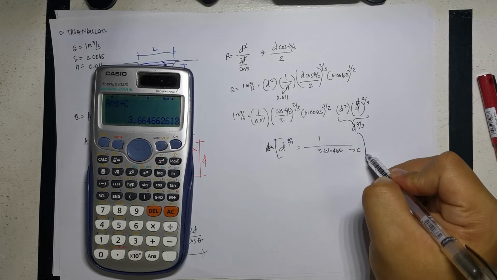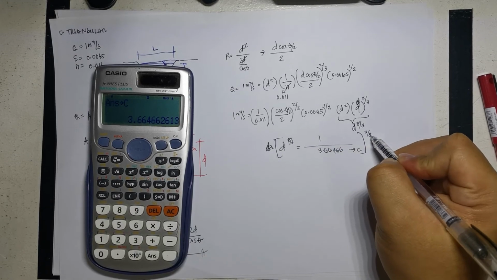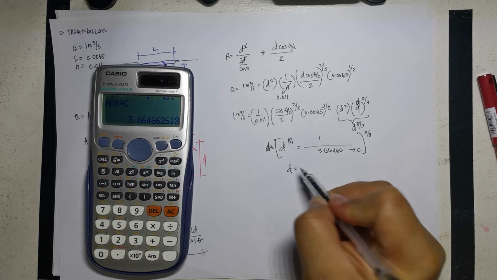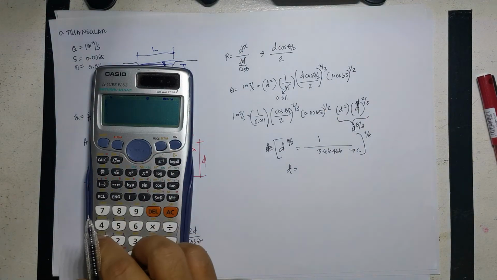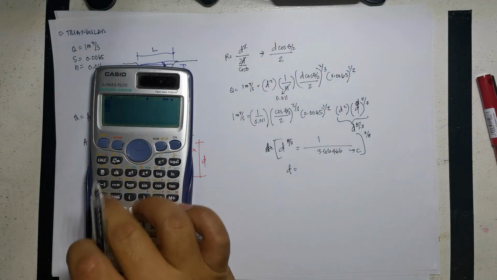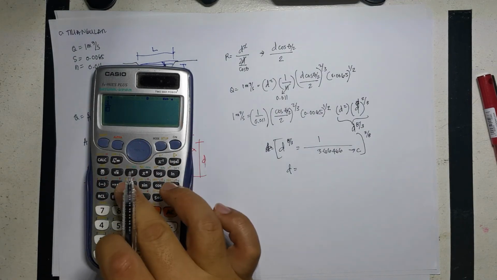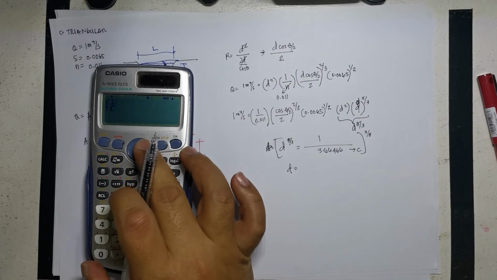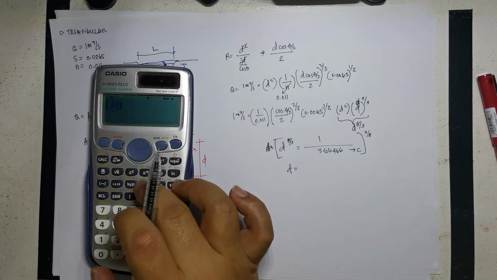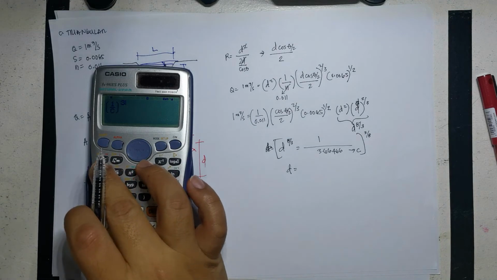Raise natin ulit both sides of the equation by 3/8. That will give us D is equal to 1 over C, raised to 3 over 8.